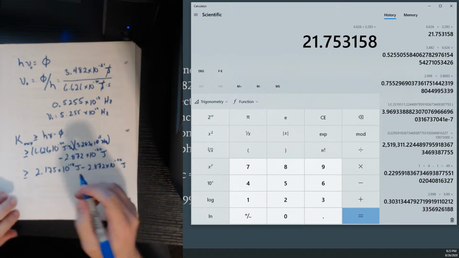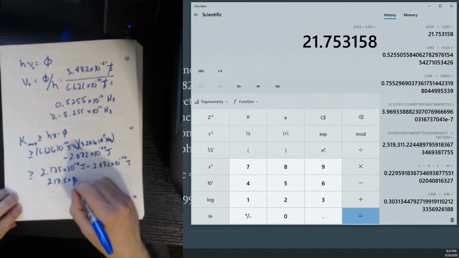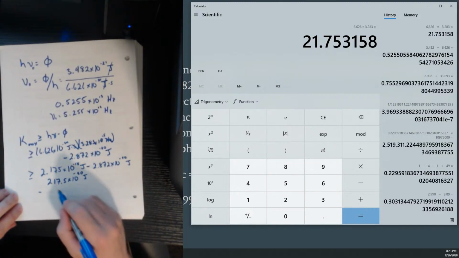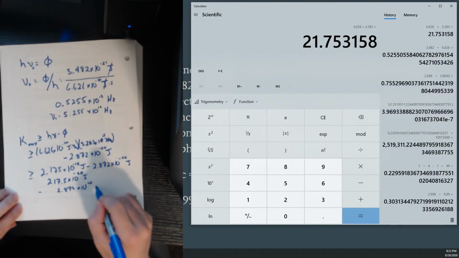So what we could do to make it easier, this is 217.5 times 10 to the negative 20th joules minus 2.872 times 10 to the negative 20th joules.